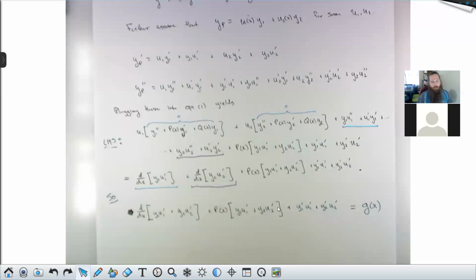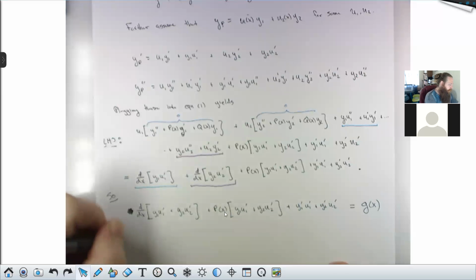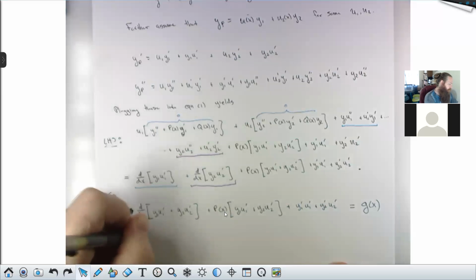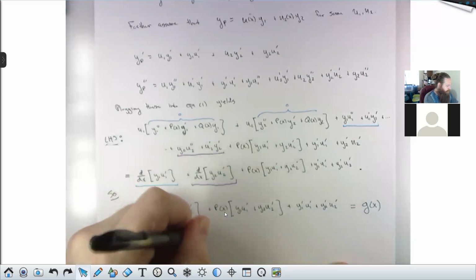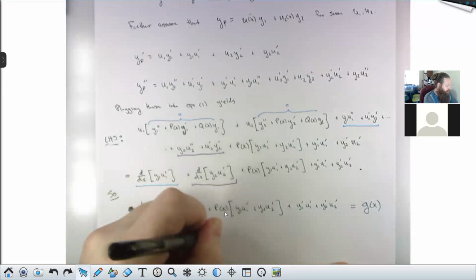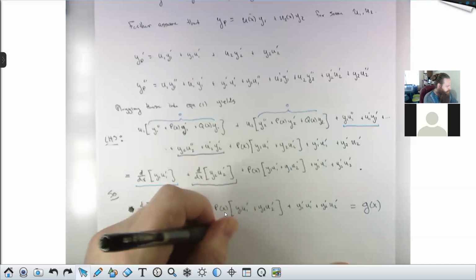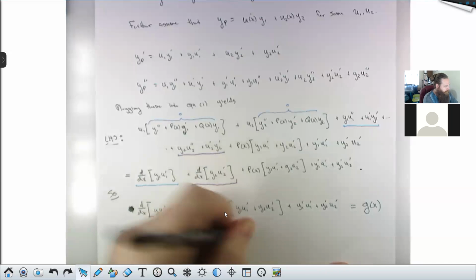Here you have more degrees of freedom than are necessary and more degrees of freedom than narrow down a unique solution. So just for fun, what if we try assuming that these pieces are 0, that y1 u1 prime plus y2 u2 prime is equal to 0.